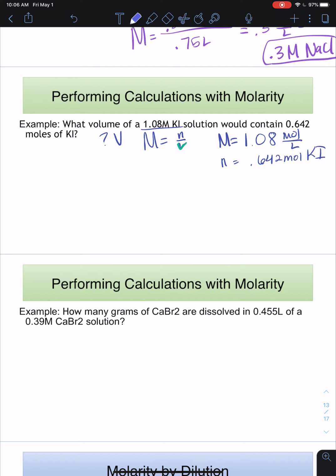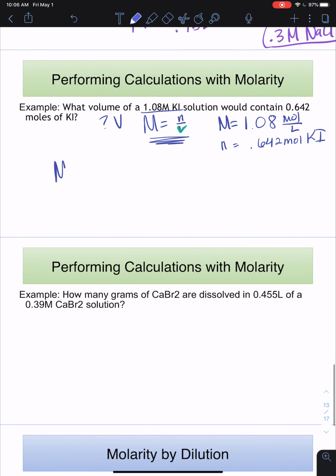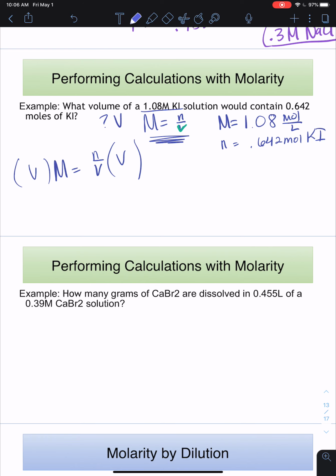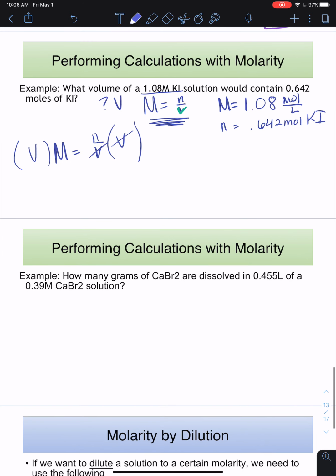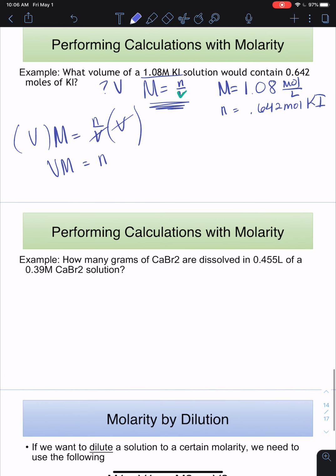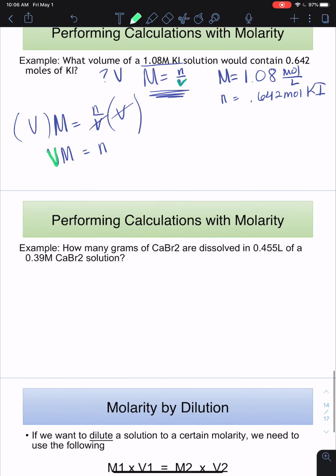All right, so since we're solving for V, let's rearrange this equation right here. So I have M equals N over V. I want to get V by itself. So the first step is to get it out of the denominator and multiply both sides by V, okay? That cancels the V and I get VM equals N. I'm still solving for V, so I want V by itself.